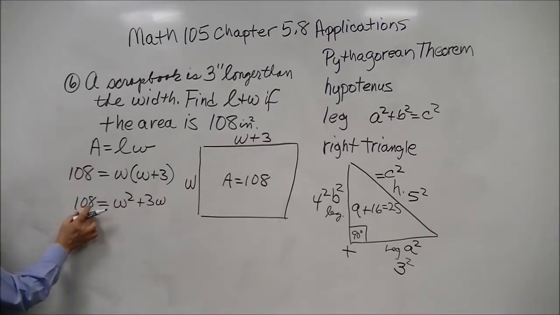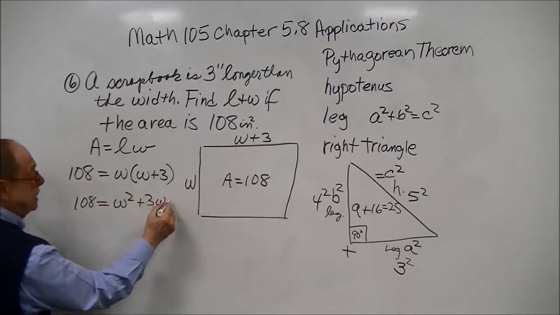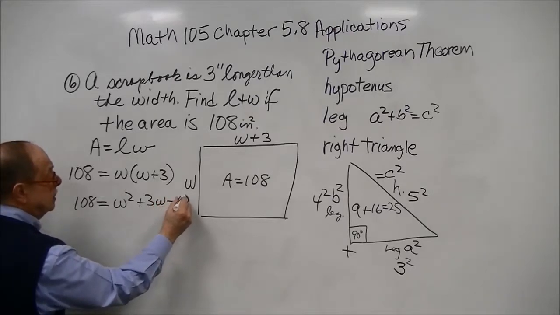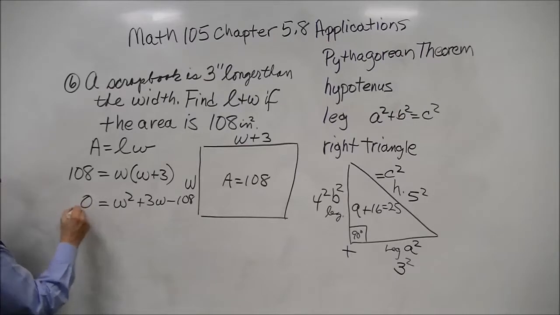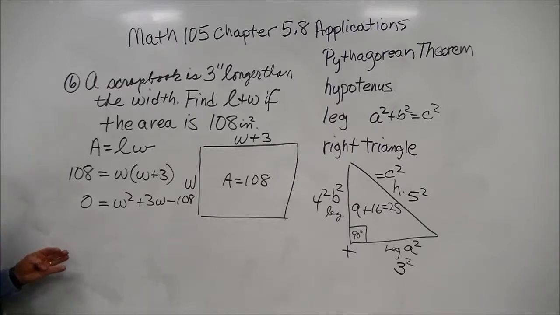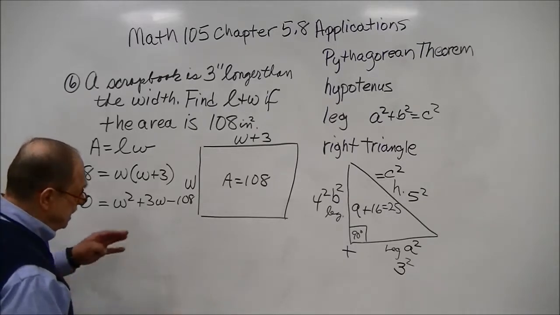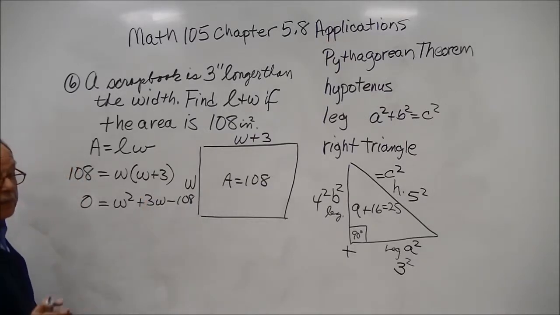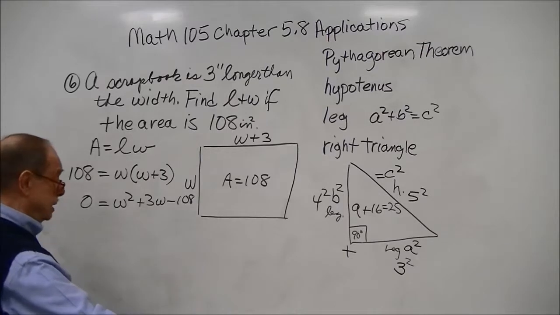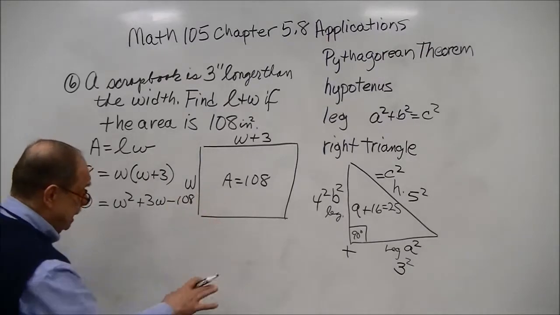And I'm going to take the 108 over to this side to put it in standard form. And there's my equation. Now again, if I were doing this for the first time, I'd have to spend a little more time thinking about it, but I've done the thinking already. As I showed you earlier, I've done these.